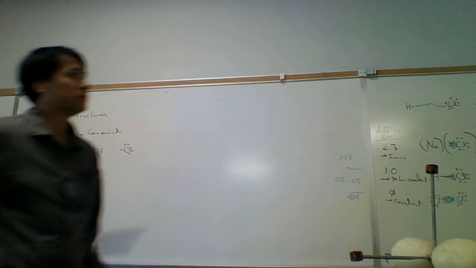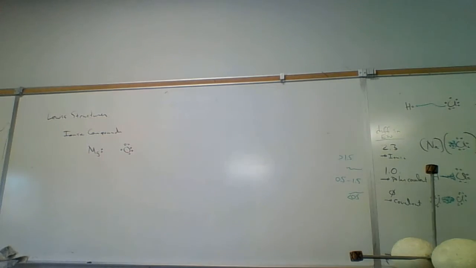What's the electronegativity of magnesium? It's a 1.3, and then oxygen is a 3.4. So 1.3, 3.4, the difference is 2.1.